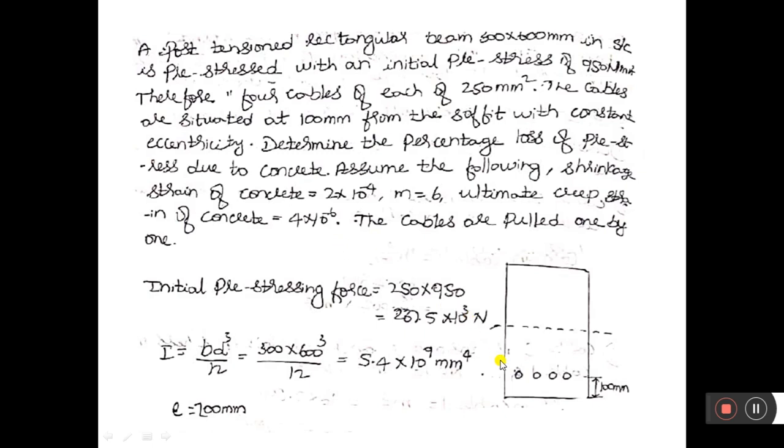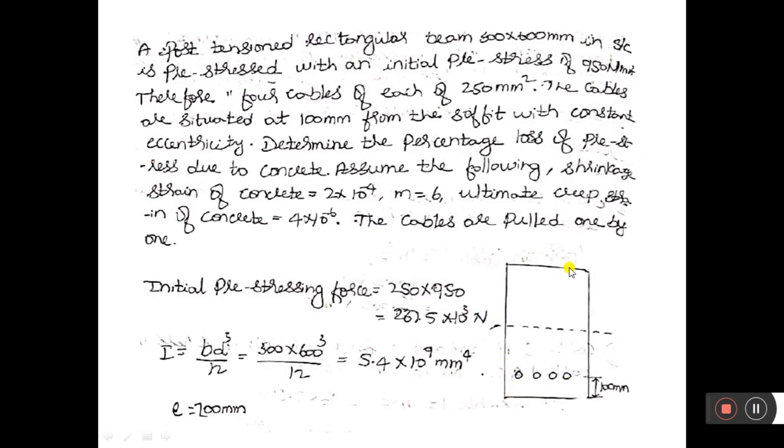The beam has 4 cables and the cross section area of each cable is 250 mm square, and these cables are located at a distance of 100 mm from the soffit. For this member we need to calculate the percentage of loss of pre-stress in the cable.